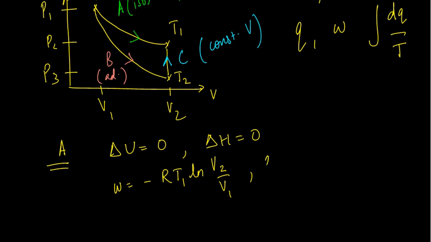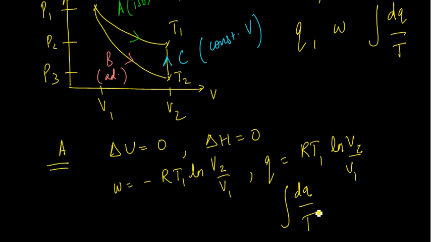Q is minus of this, RT log V2 by V1. And dq by T is R log V2 by V1.